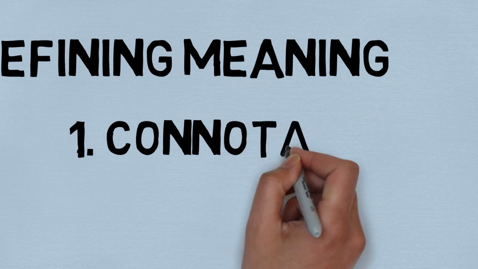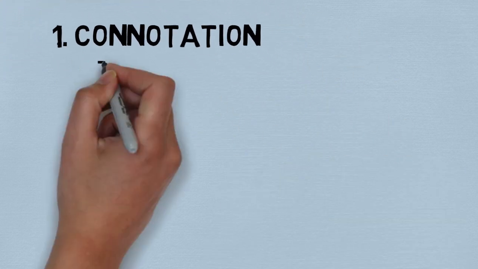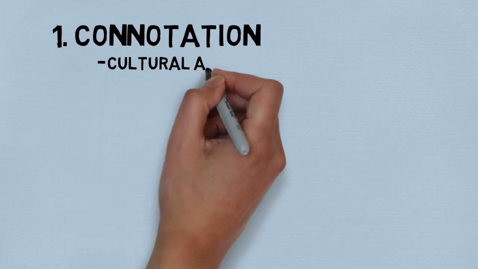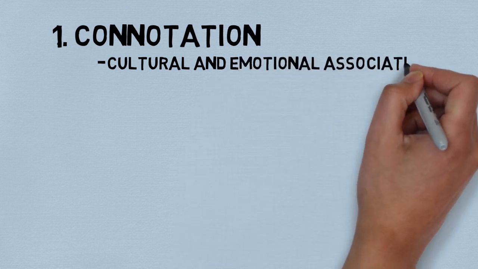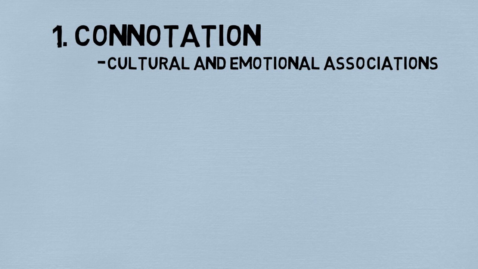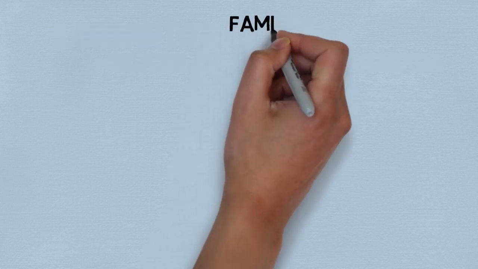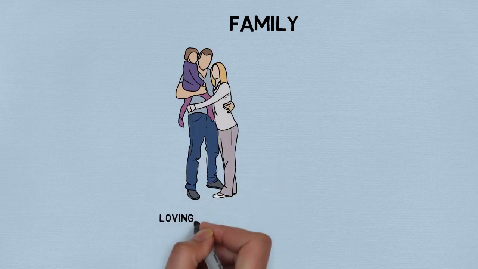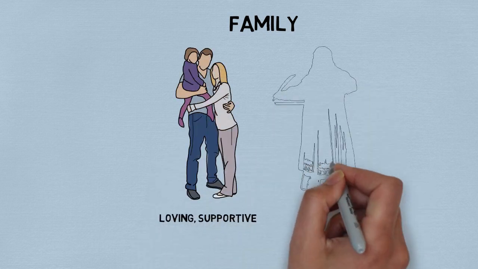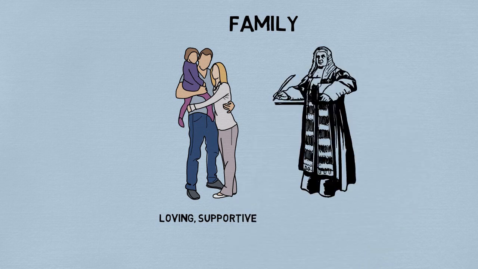Number 1, connotation. Connotation is the set of cultural and emotional associations that a person has with a word. Because connotation deals with cultural association, the connotation that one person has with, for example, family, might be a warm and loving support system, while someone else might have the connotation an oppressive and stressful group of people.